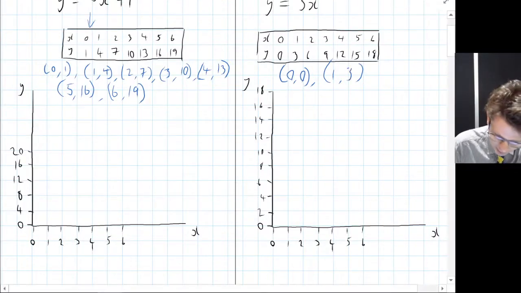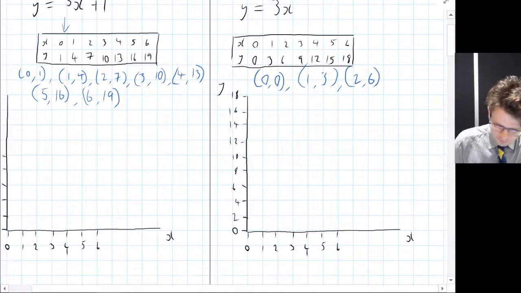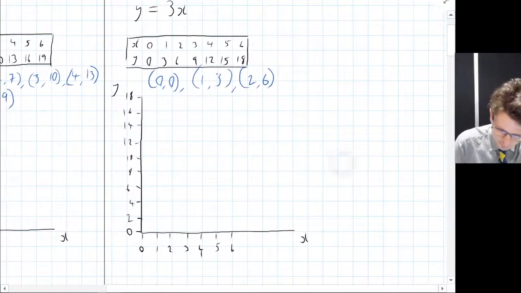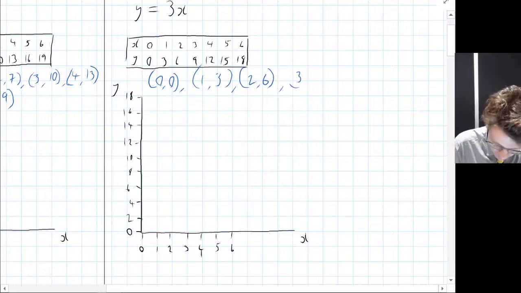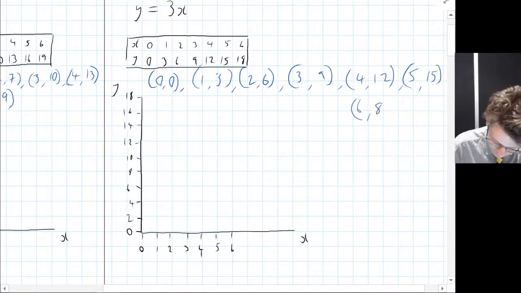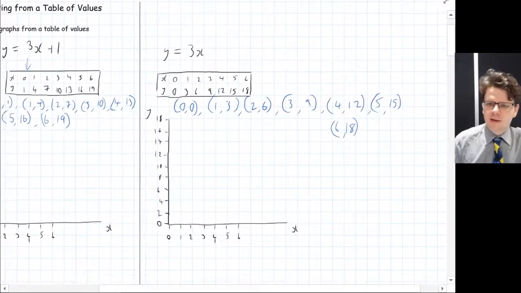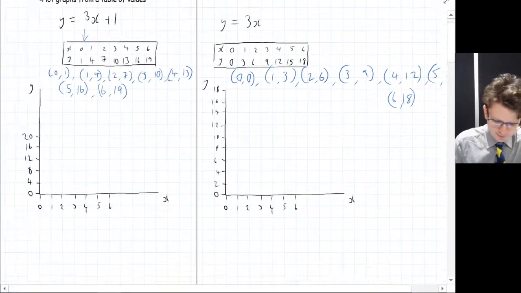So we get 1, 3. Alrighty, so in total you have these 6 points here, and they all just come from the table.